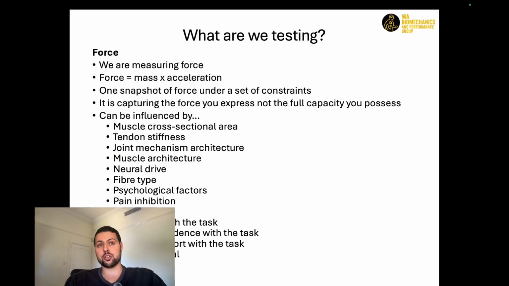If we go through a few: muscle cross-sectional area, tendon stiffness, joint mechanism architecture, so not even the muscle but the joint, muscle architecture, neural drive, fiber type, psychological factors. What if the person's in pain and they have inhibition from that? What if they're fatigued? If they're fatigued, they're not showing us their full potential during the test.